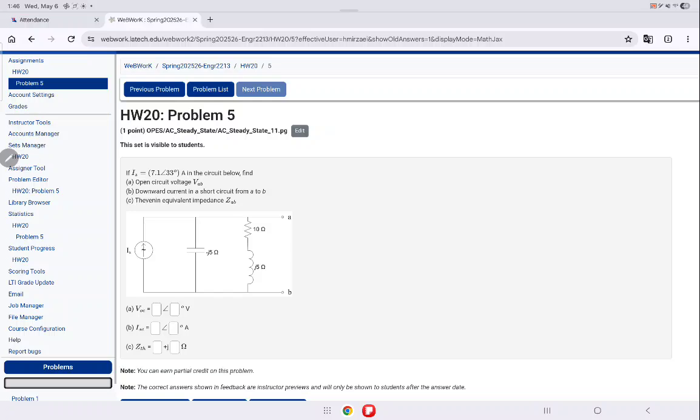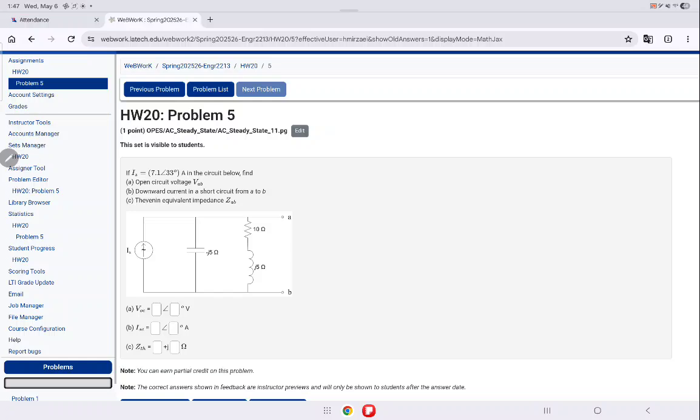Downward current in a short circuit from A to B. So I can just connect a line from A to B with the downward direction. How do you find that current? Why? It shorted out everything in the circuit, so it will be IS, right?